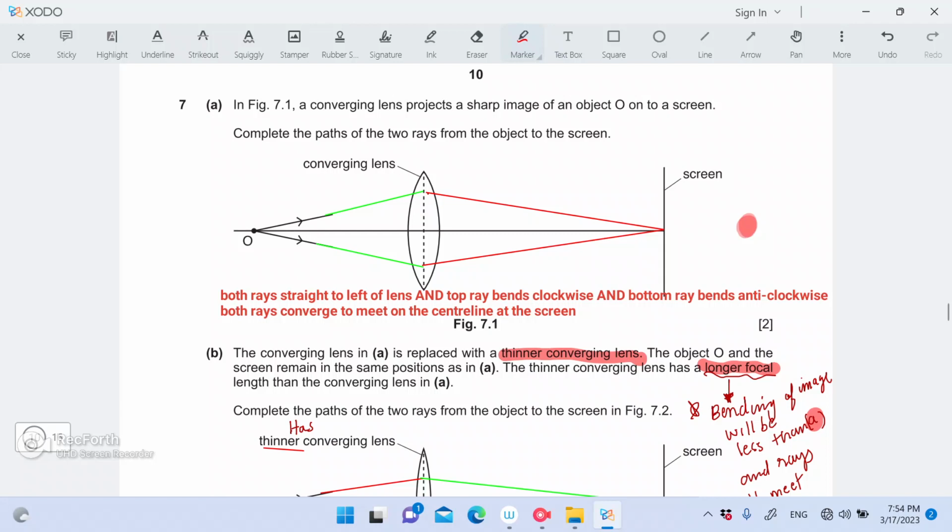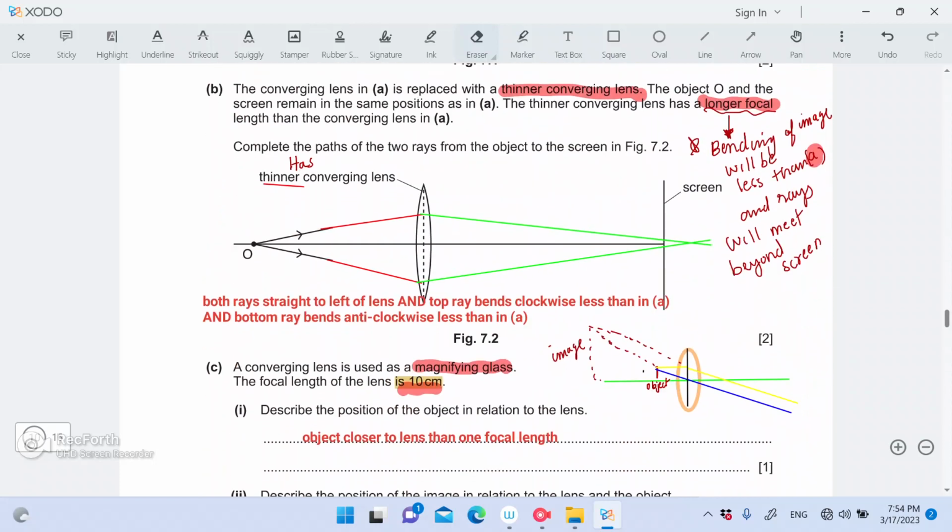Again, I am repeating, when the lens is thin and the focal length is longer, then the rays will meet beyond the screen. See here, draw the two rays. It will meet beyond the screen because of the longer focal length.